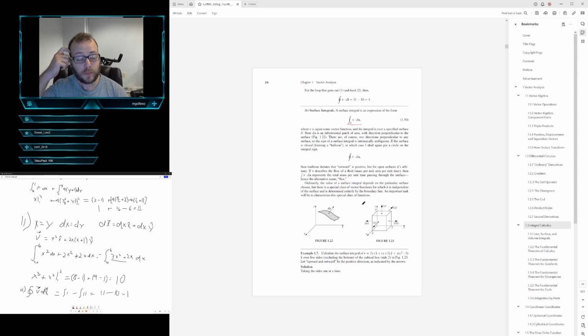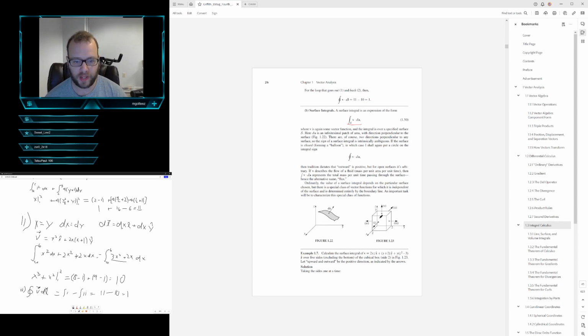So, like the line integral, the surface integral is going to be dependent on the integration of the surface. So let's look at this next example.